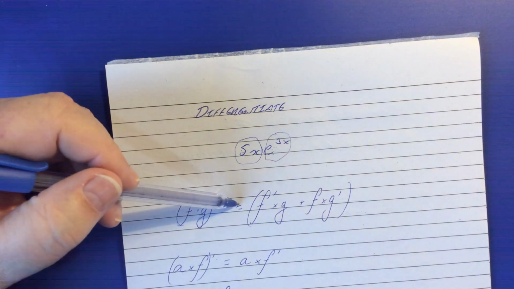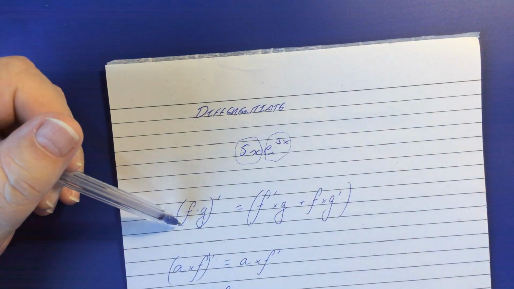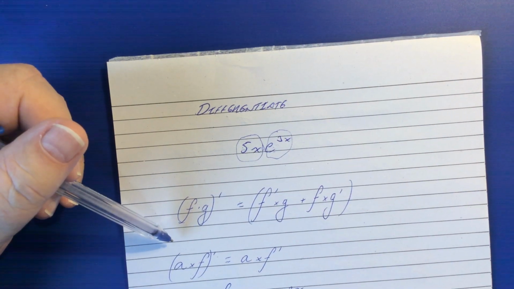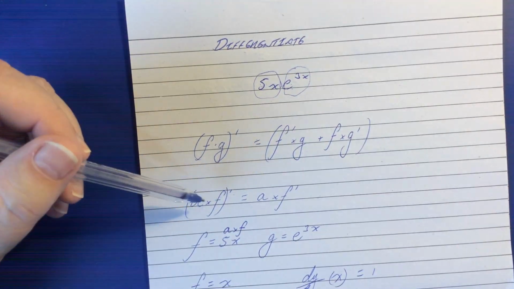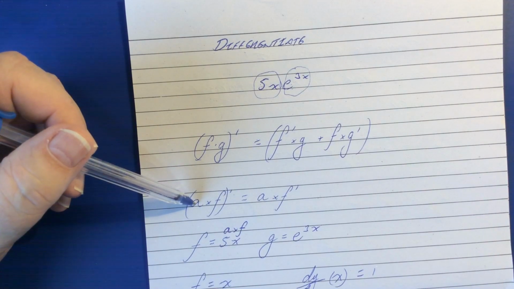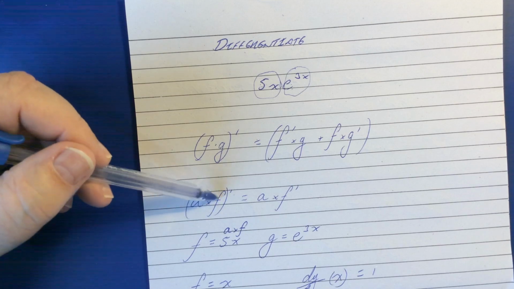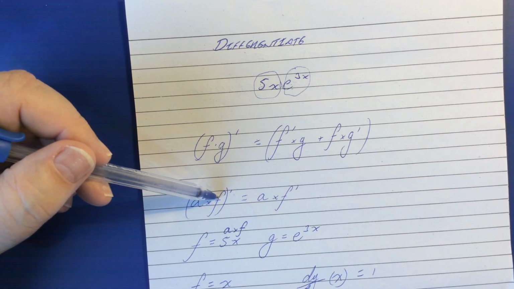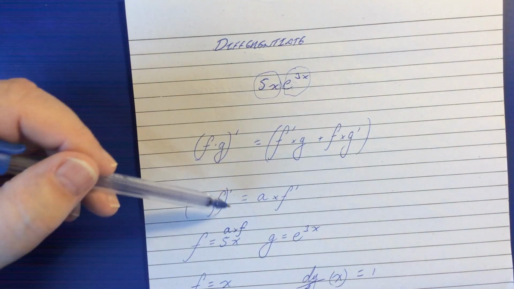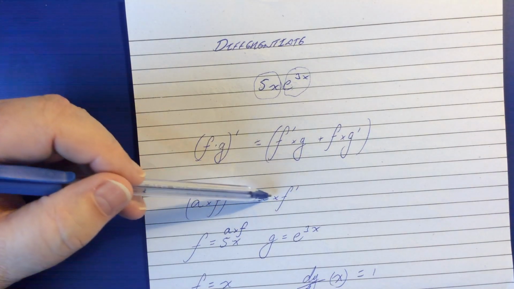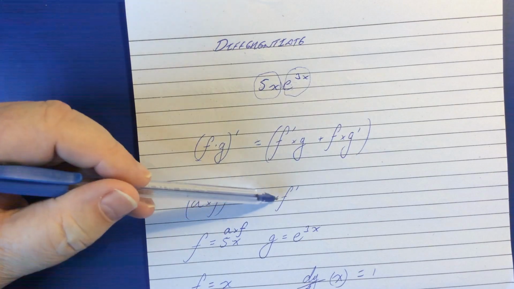Okay, so we're going to use this rule, and we're going to apply another little rule, which is this one here. So if we have an expression a times some sort of function, and we have to differentiate that, we can rewrite this in this form.